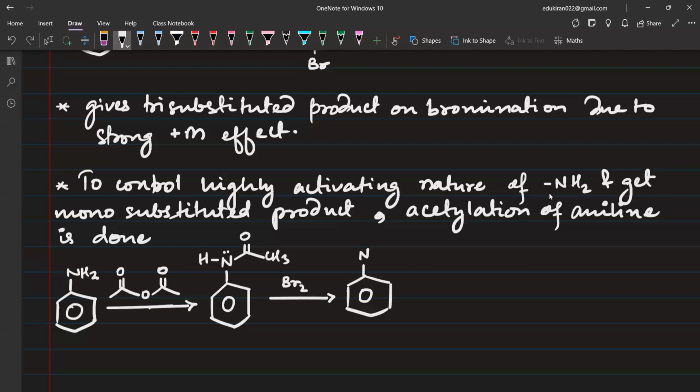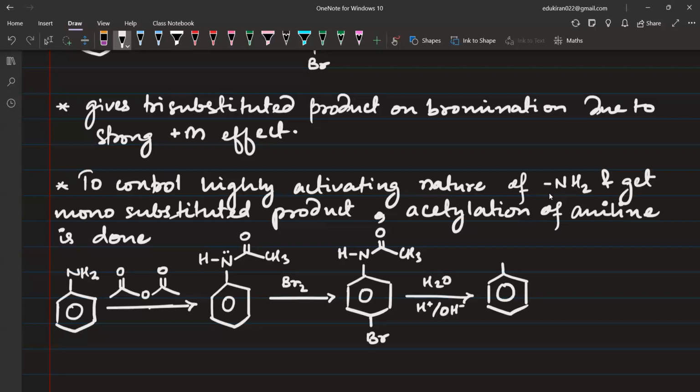And this NH C double bond O CH3 will be as it is like this. और यहाँ पे आपके पास क्या आ गया? Para position में Br. Now, in order to regain the NH2, we just need to do hydrolysis, H2O in the presence of H plus or OH negative, and you will regain the aniline.